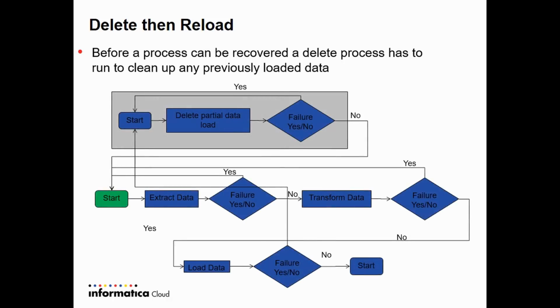In delete then reload, if any error occurs in the extraction and transformation process, the process again starts from extraction of the data. However, if the load process fails, then the delete partial data load task starts. If the deletion process is unsuccessful, then the process is restarted. If successful, then the next process can be started.